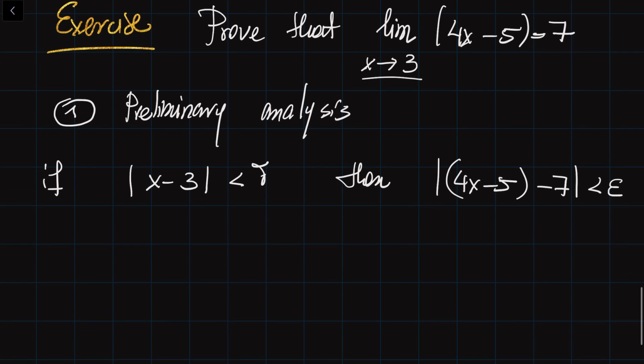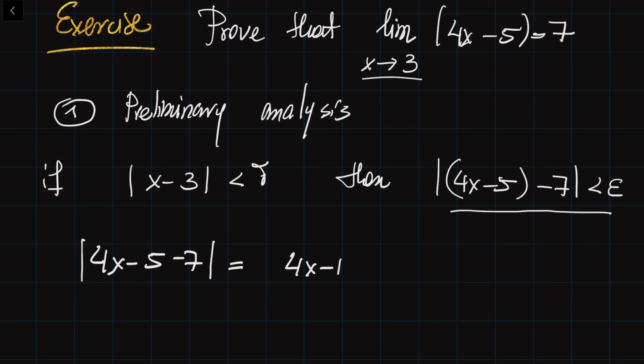So what I want is to simplify this expression. Let us do this. The absolute value of 4x minus 5 minus 7 is equal to the absolute value of 4x minus 12. We can take the 4 out of the brackets, and if we do this, what we get is 4 times the absolute value of x minus 3, which should be smaller than epsilon.